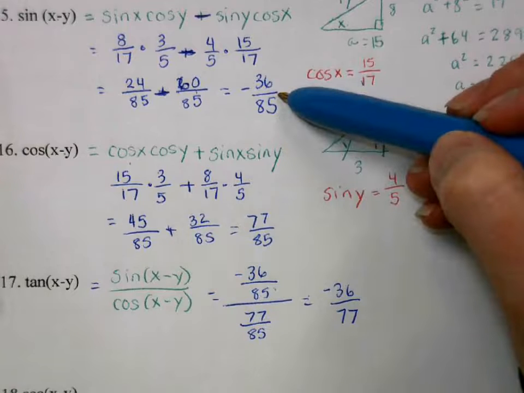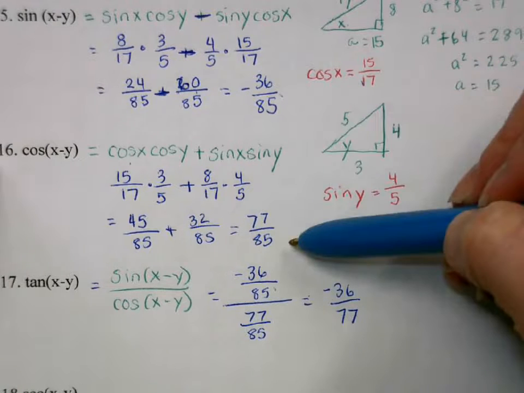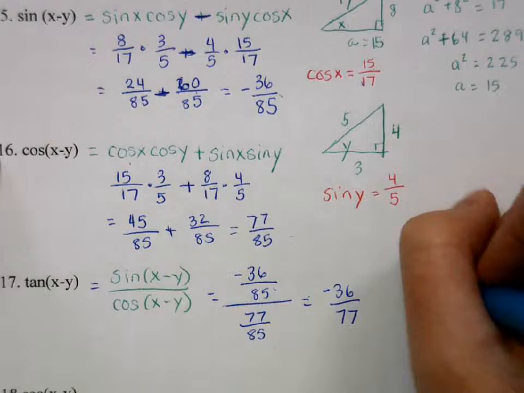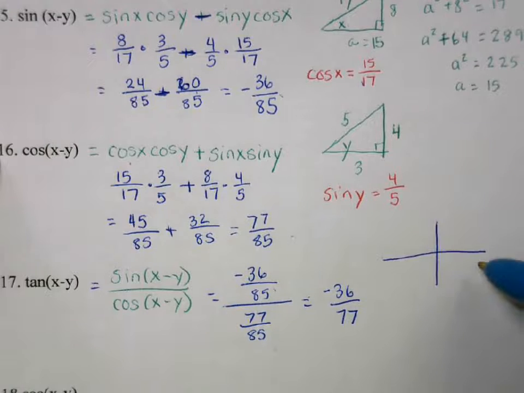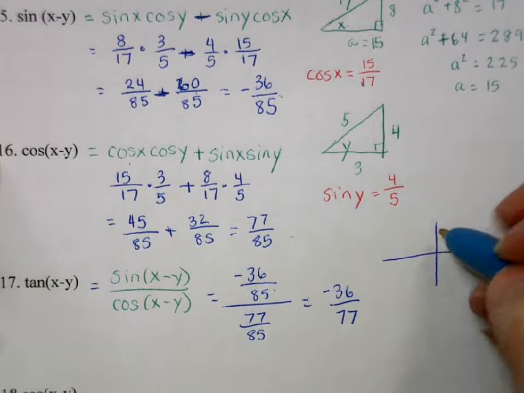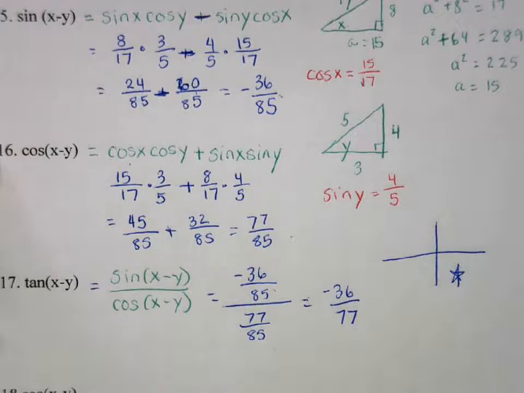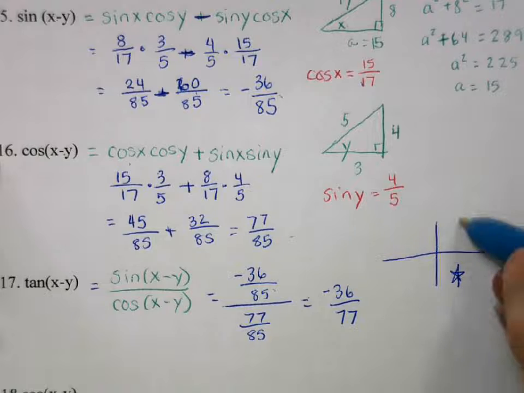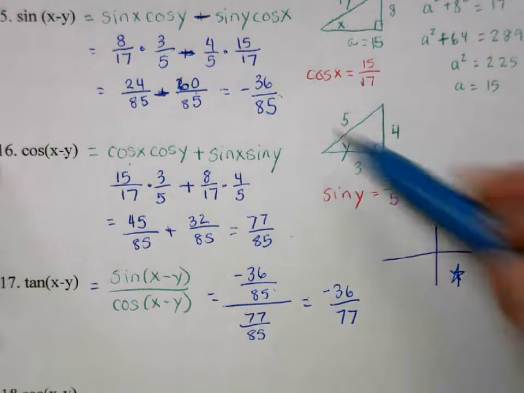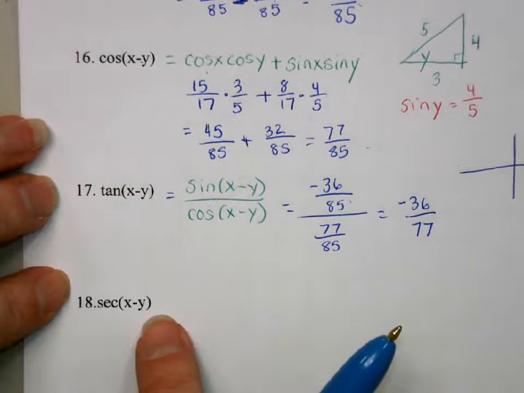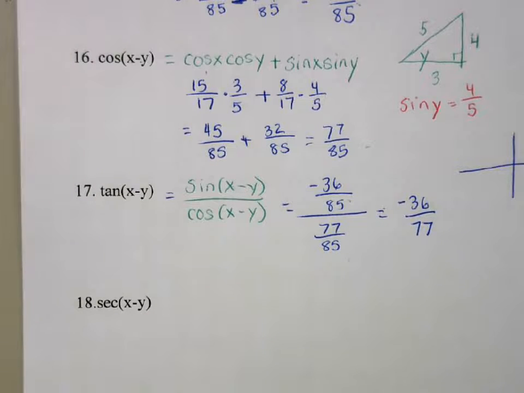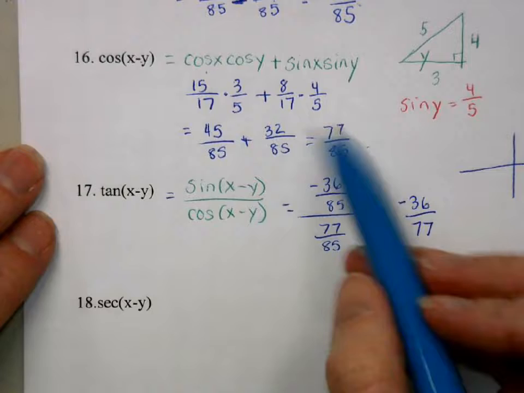So on the unit circle, if my sine is negative but my cosine is positive, we are in the fourth quadrant, because x's are positive but the sine or y values are negative. Secant of x minus y is just going to be the reciprocal of cosine. So if cosine is 77 over 85, secant is 85 over 77.